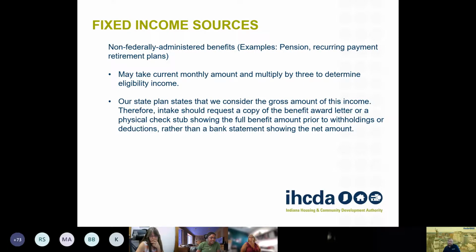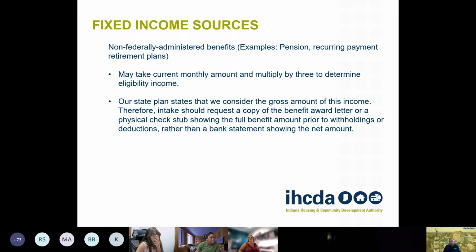Now, for non-federally administered fixed income sources, such as pension or recurring payment retirement plans, you're just going to take the current monthly amount and multiply by 3 in order to determine eligibility income. These typically are fixed without any kind of COLA adjustment, and so you're not going to have to worry about whether there's a certain amount that falls within these months and a certain amount for other months.